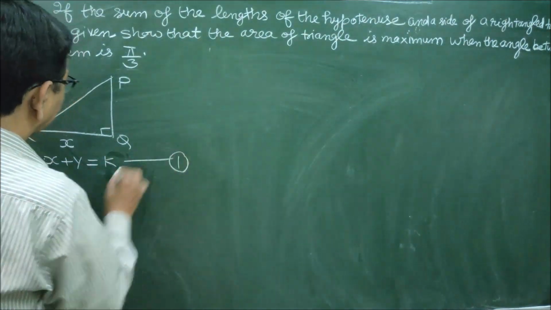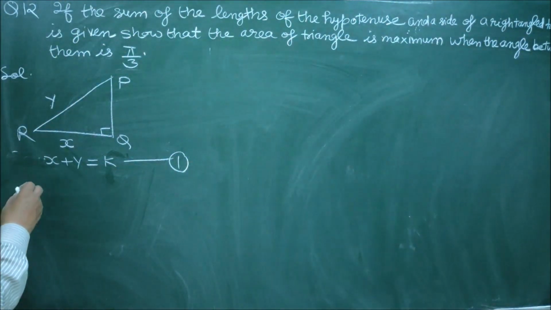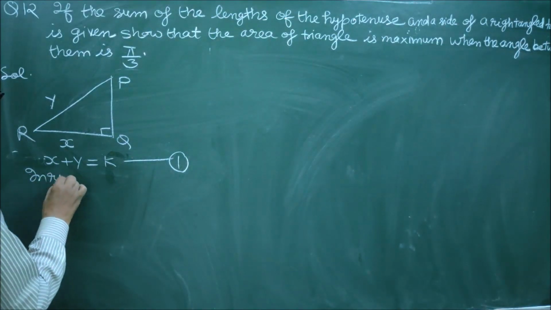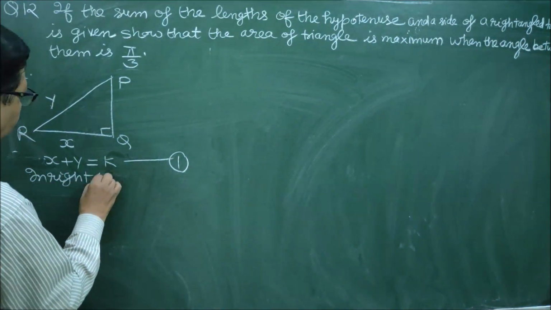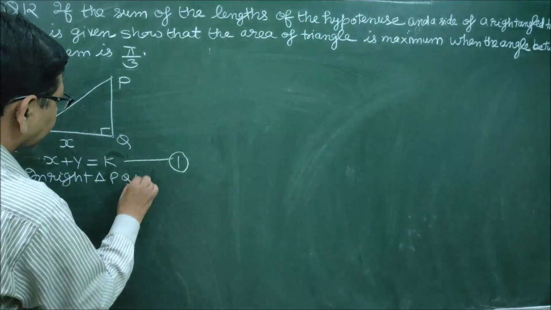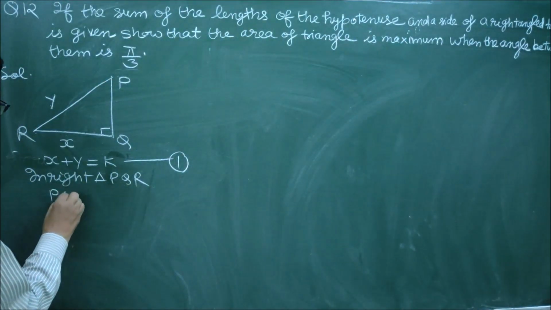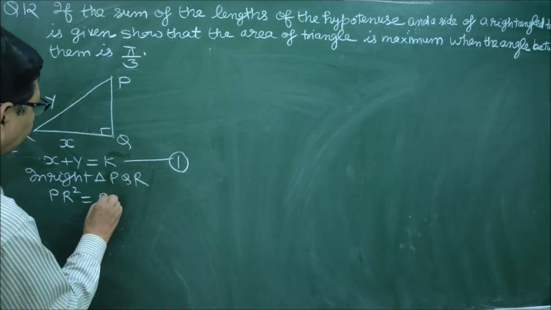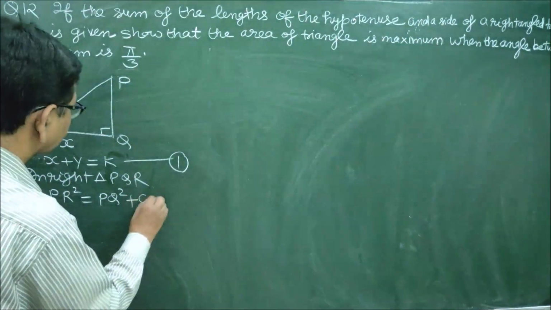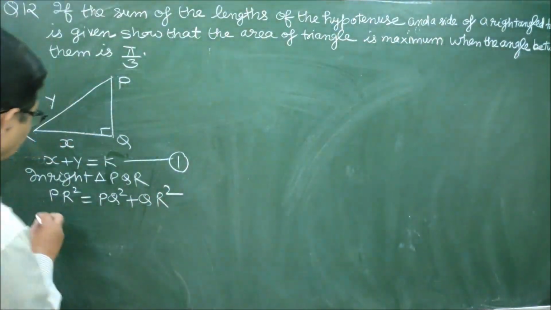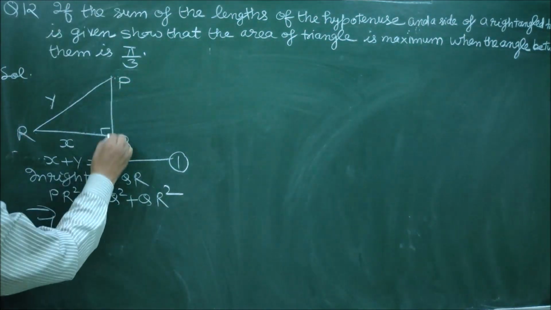Now in right triangle PQR, we can apply the Pythagoras theorem, that is PR square is equal to PQ square plus QR square. With the help of Pythagoras theorem, we can calculate the value of PQ.